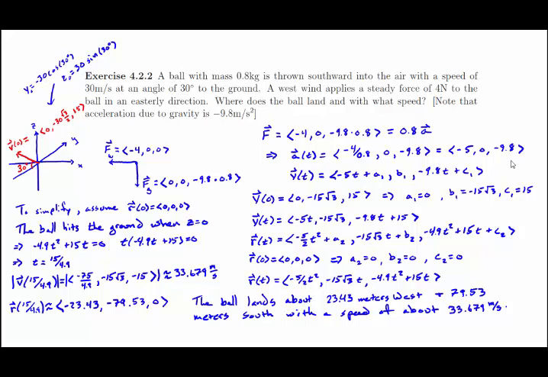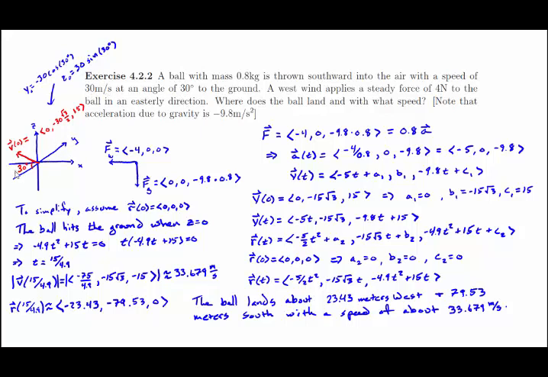We take the antiderivative of the acceleration vector and we get v(t) = (-5t + a1, b1, -9.8t + c1). Now we have to look at what our initial velocity is. We're given that the initial velocity is due southward with a velocity of 30 meters per second and an angle of 30 degrees to the ground.